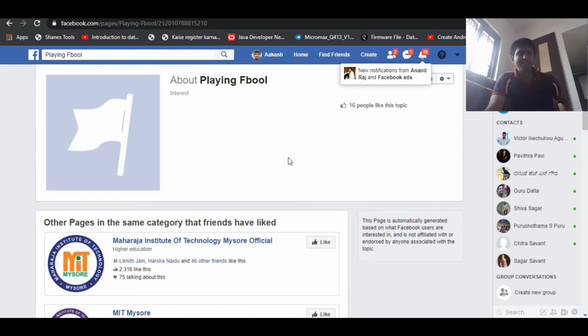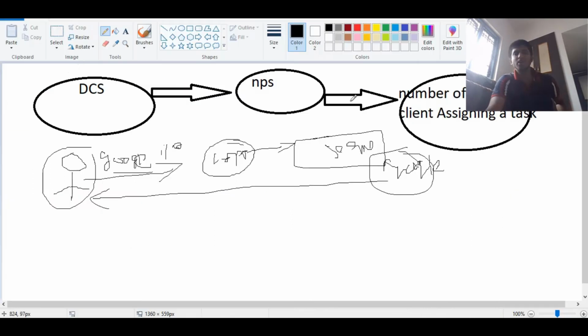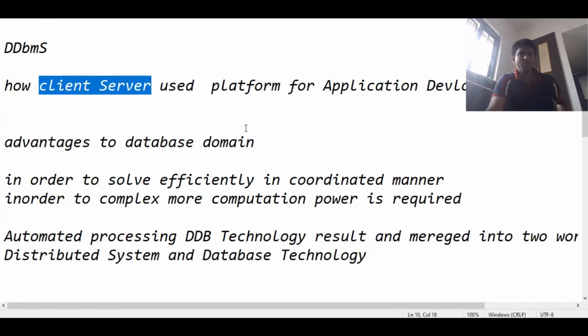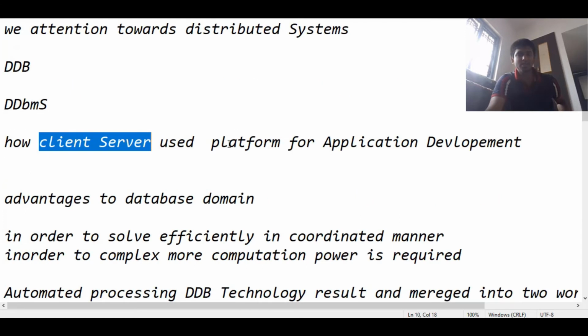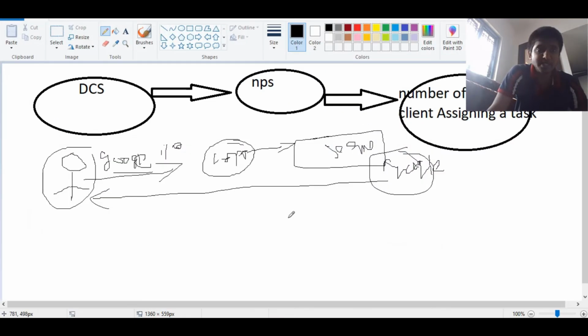We will understand how this works in the following diagram. You are making a request to the server, and that server is basically a distributed computing system.